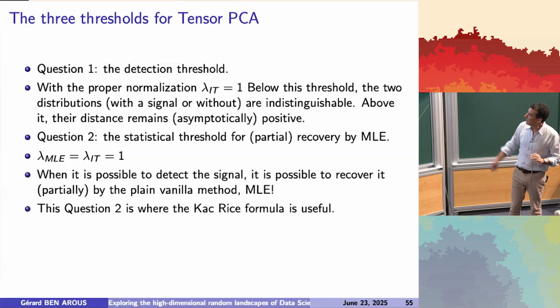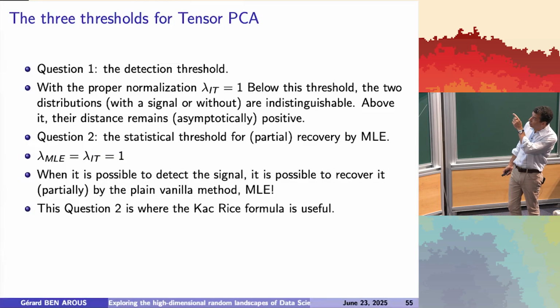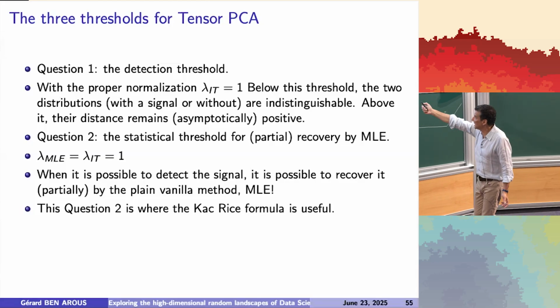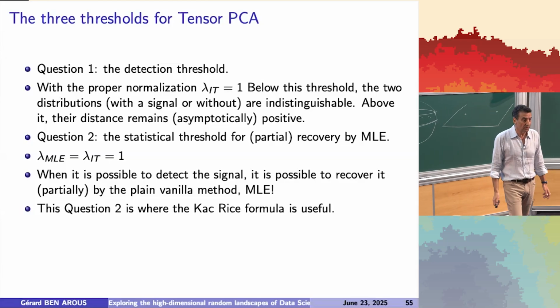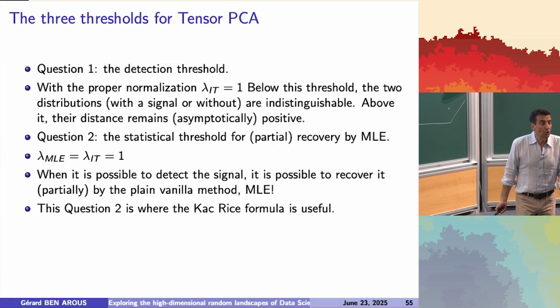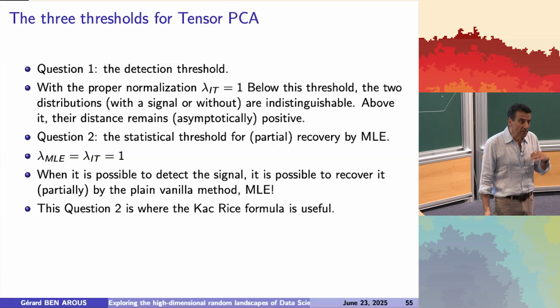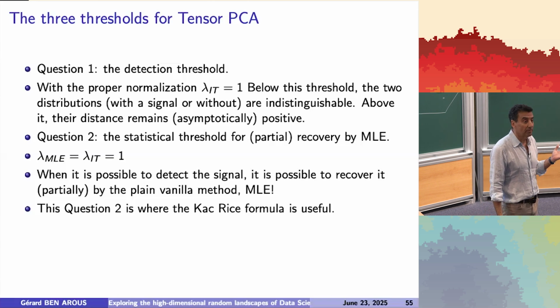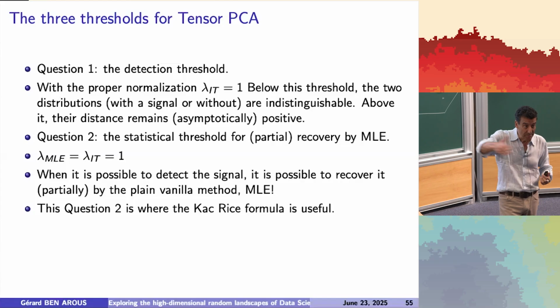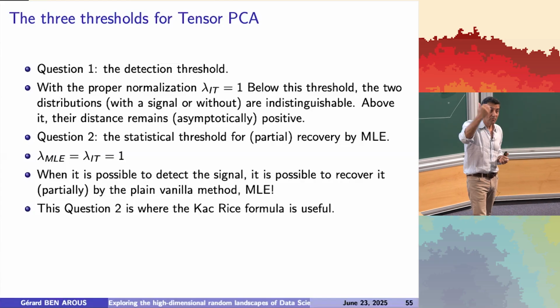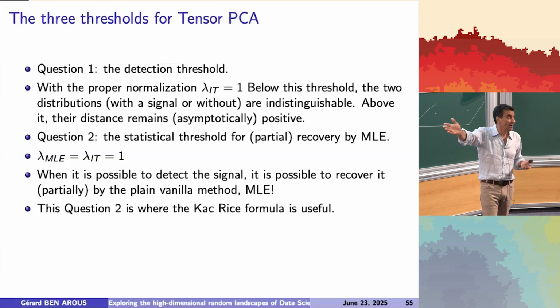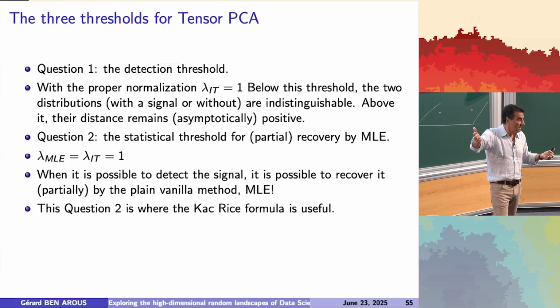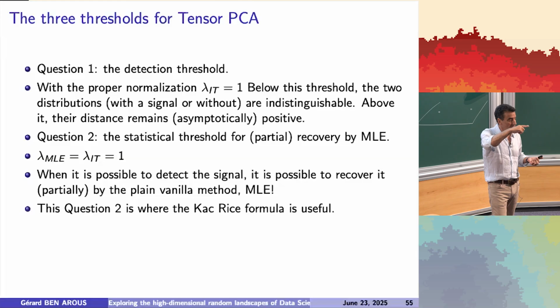So this question 2 is the question where complexity, topological, and so on, the Kac-Rice formula that I mentioned before, is useful. Because what is the random function now? The random function we are looking at here will be the log likelihood of this problem. You have a sample, you have a random function, which is the log likelihood, and then you want to minimize it with a negative sign.